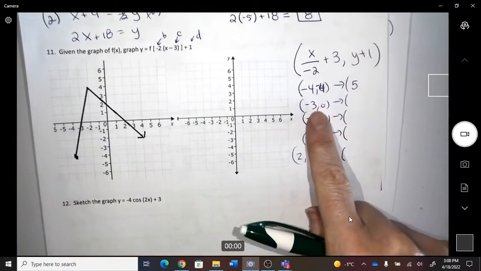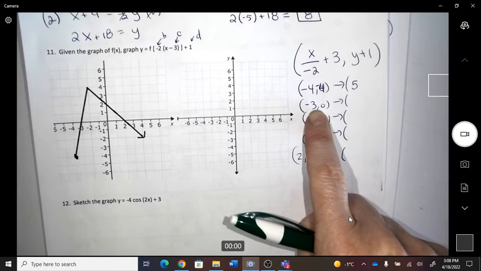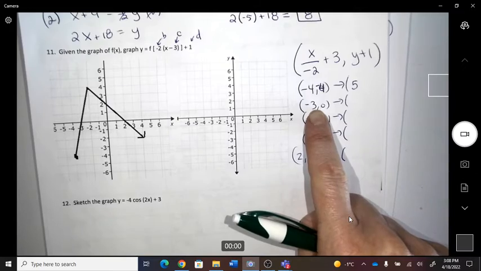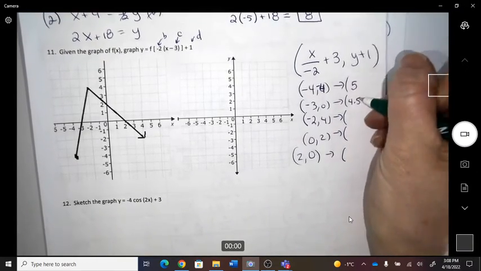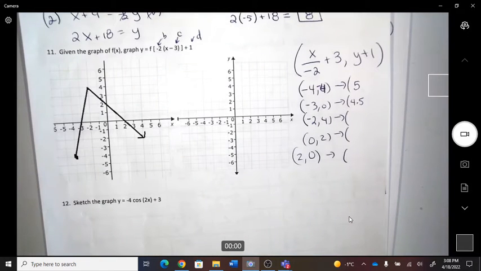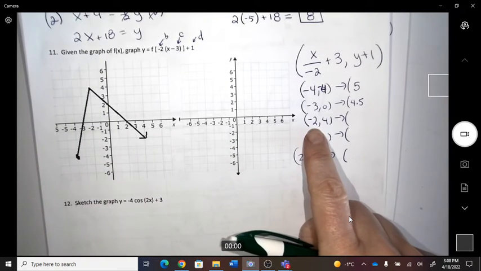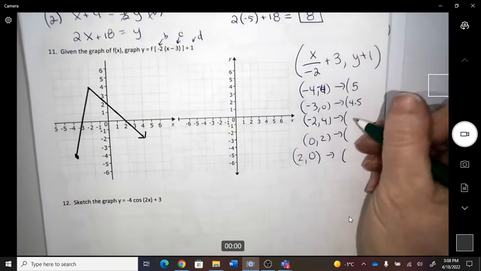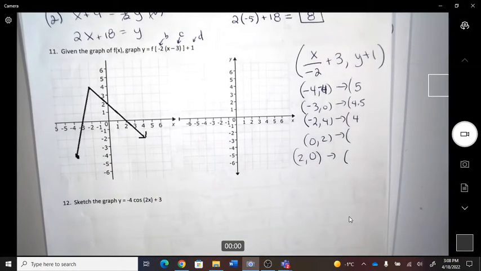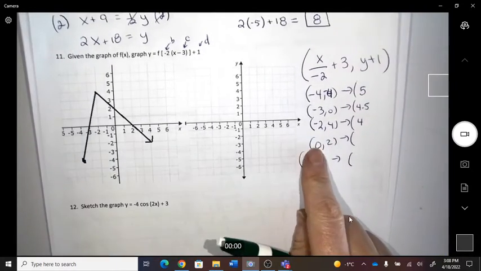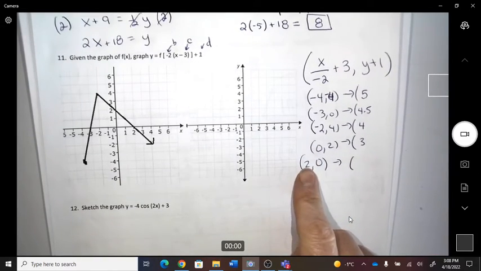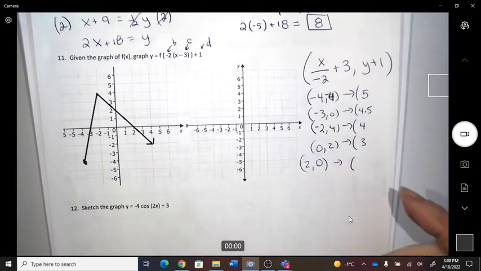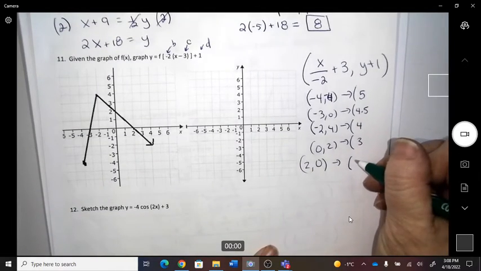If -3 divided by -2 is what? 1.5 plus 3, so 4.5. -2 divided by -2 is 1 plus 3, 0 plus 3. 2 divided by -2 is -1 plus 3 is 2.